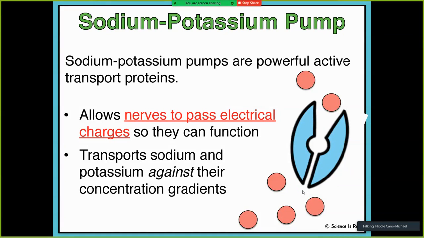We've talked about how liver cells are used to detoxify the body, so they have a lot of smooth ER inside of the cells. Well, nerve cells, their whole function is to pass electrical signals. Nerve cells have a ton of these sodium potassium pumps in their cell membranes because again, the entire function of your nervous system is to pass electrical signals. So that way you can pretty much do anything in your body.